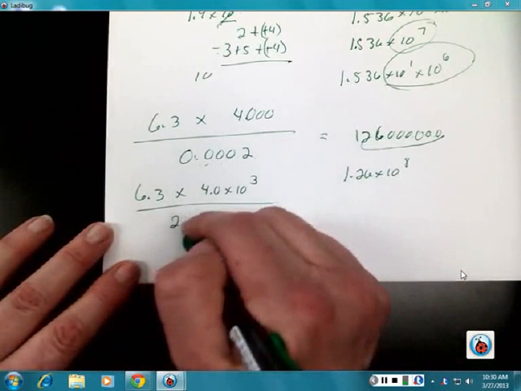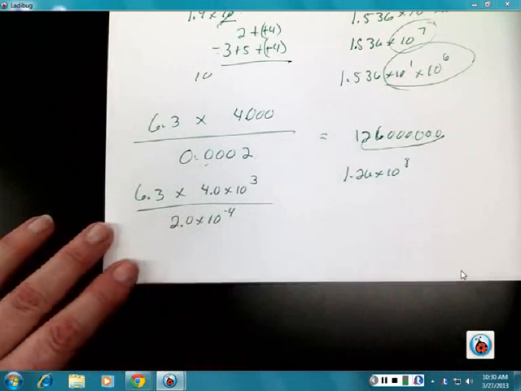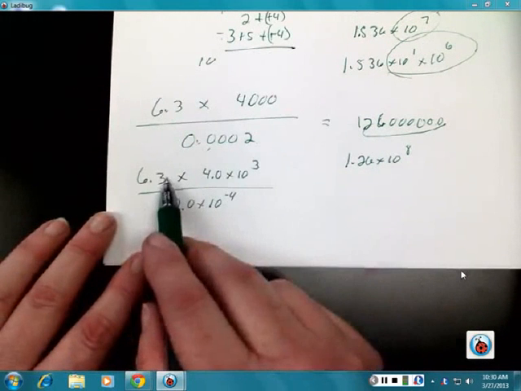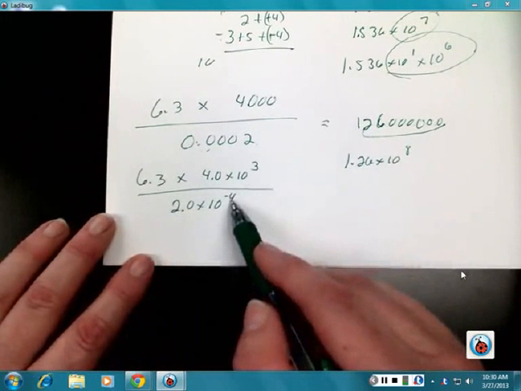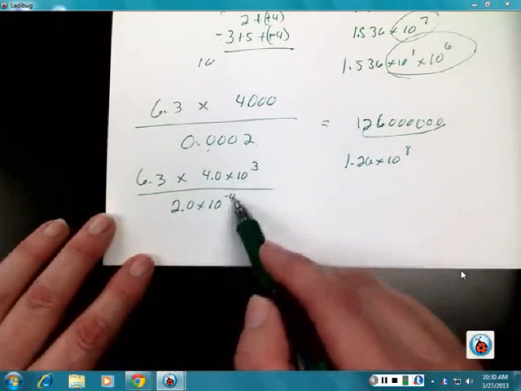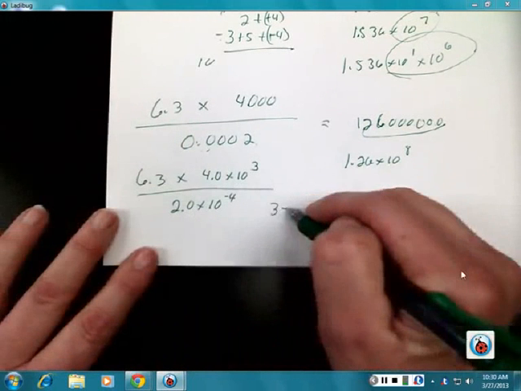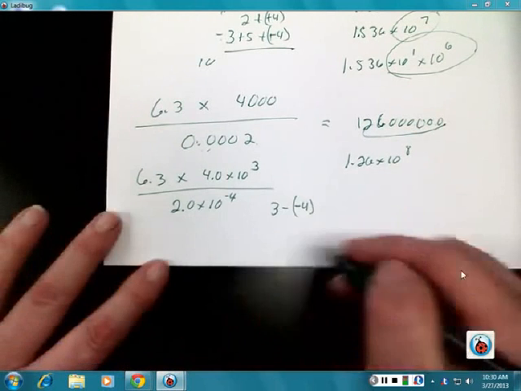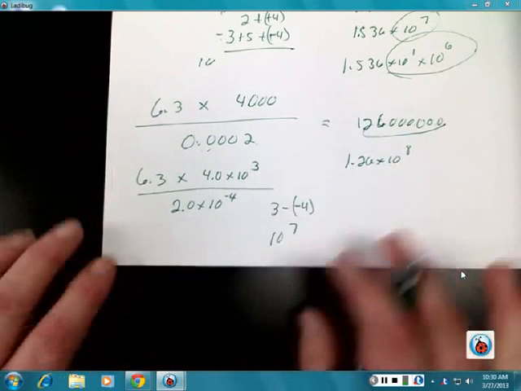So 2.0 times 10 to the negative 4th. So then I have no exponent here. 10 to the 3rd minus, because it's a division, a negative 4. So 3 minus a negative 4. What's that going to give me? 3 plus 4, which is 7. So I have 10 to the 7th.